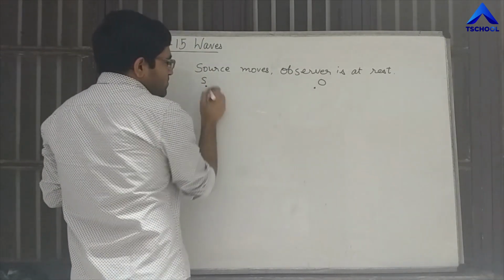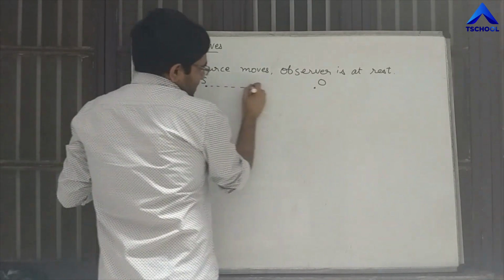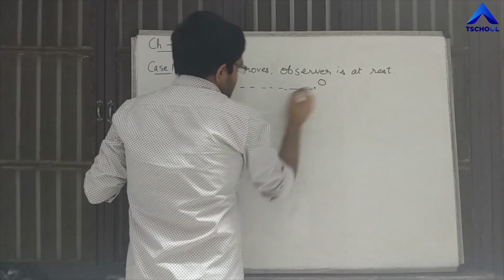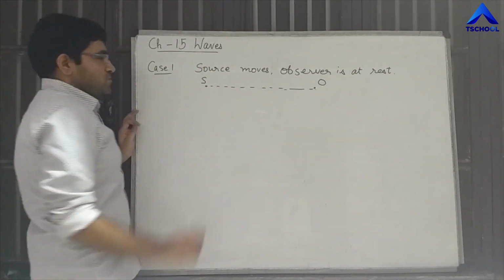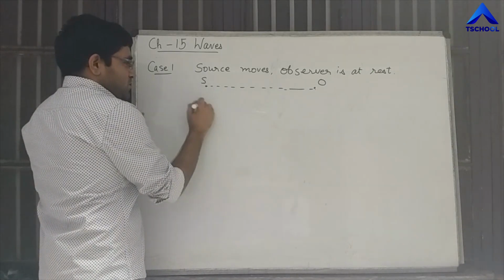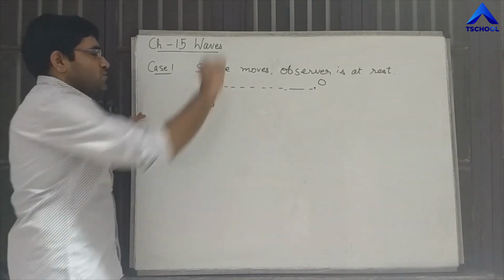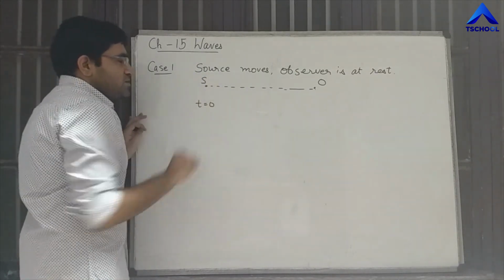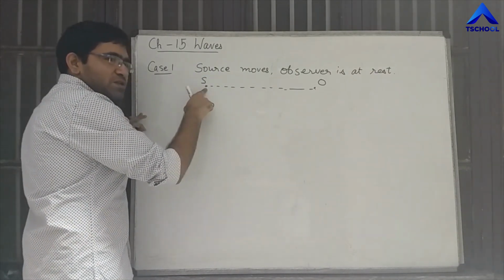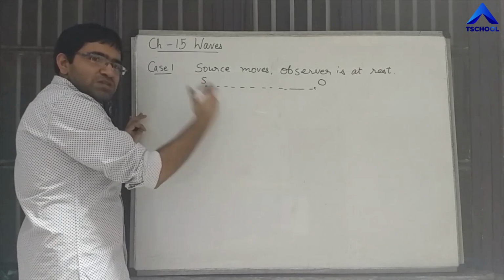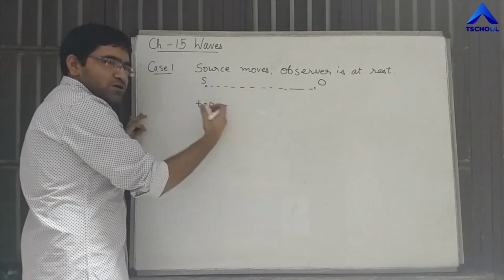The observer is not going to move. Let's say this is the line that joins the source and the observer. Now this was the source position at t equal to 0, but obviously the source is moving, right? So let's say that the source emitted some wave at time t equal to 0. Let's say it emitted a crest.